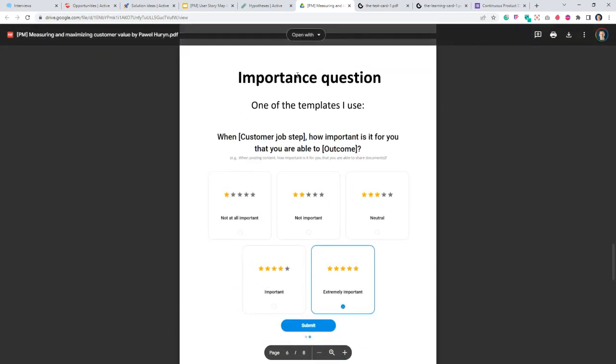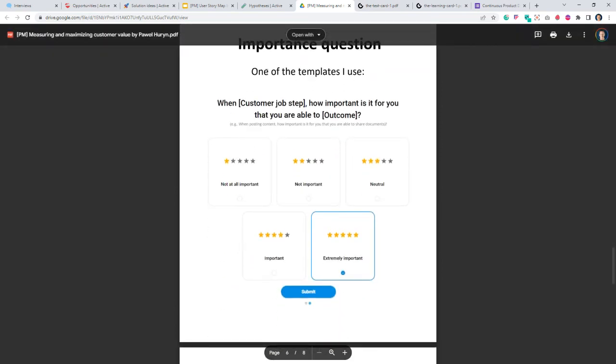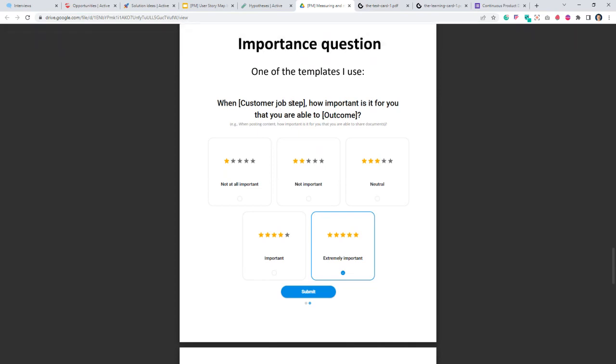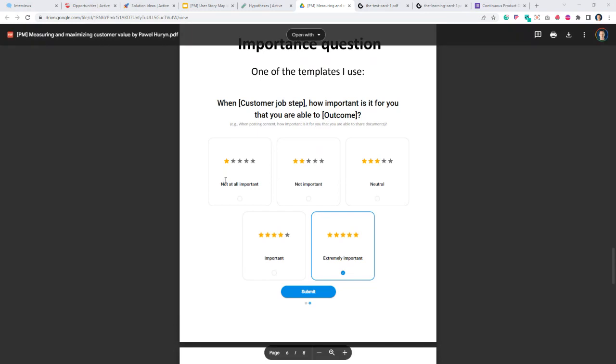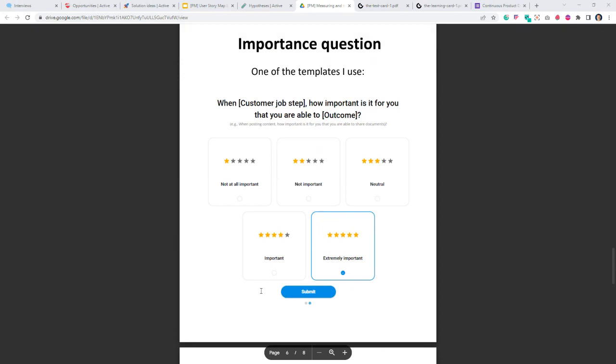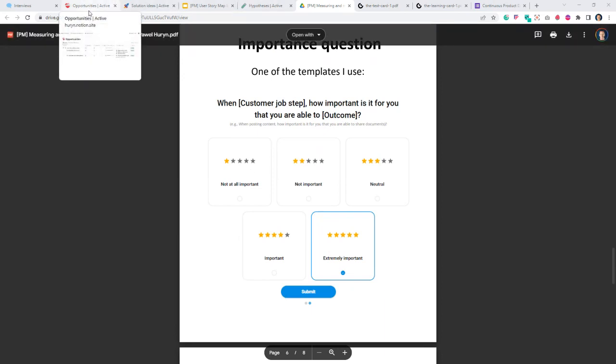And when we want to ask about the importance, one of the templates I use is: when performing some step in your job, dear customer, how important is it for you that you are able to do something? So for example, share photos or browse movies or find your favorite series. This is also on a scale from 1 to 5, it can be 1 to 10. In that case, you need to calculate the points accordingly.